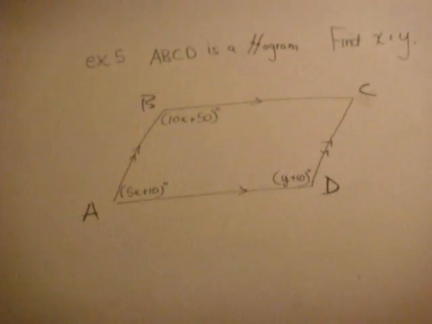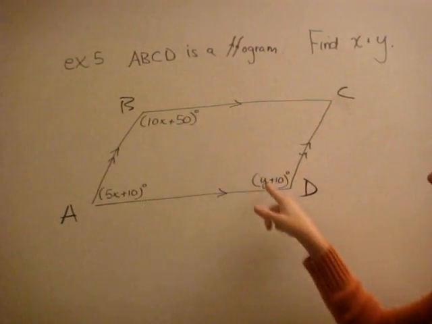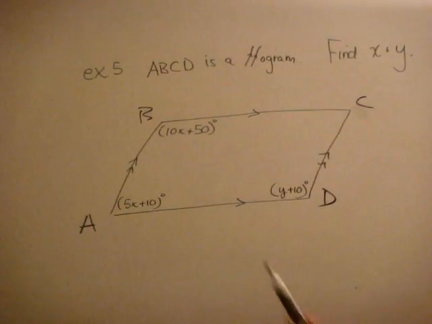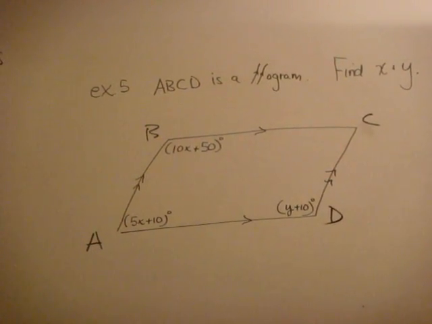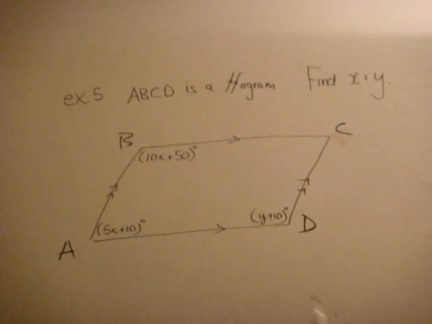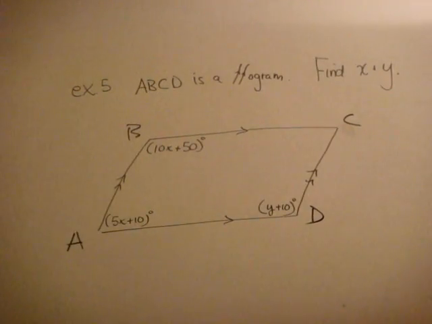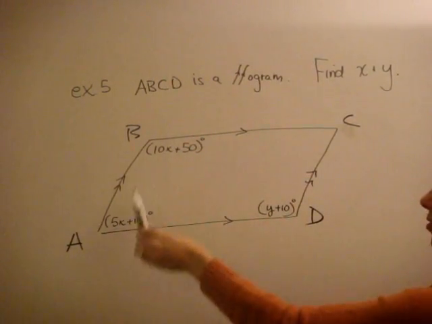They're giving us that ABCD is a parallelogram, and we just want to find X and Y. So on this one, we're not worried about the bisectors, we're just worried about the angles. If you notice, we have X and X, so we want to work with these 2 first. These are adjacent angles.